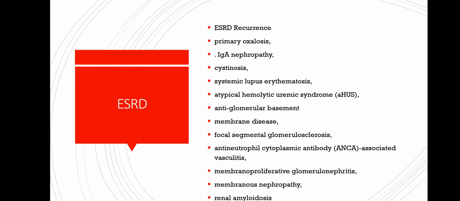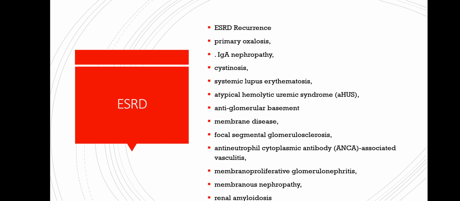Then anti-glomerular basement membrane disease. Next, membranous disease. The other condition is focal segmental glomerular sclerosis. It is a condition of renal disorder. Then anti-neutrophil cytoplasmic antibody, which means ANCA associated vasculitis.